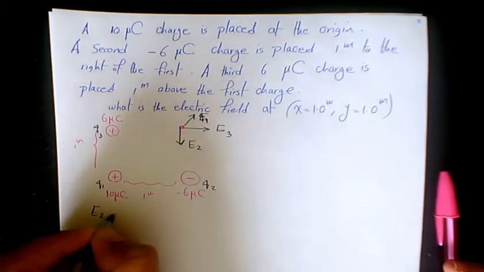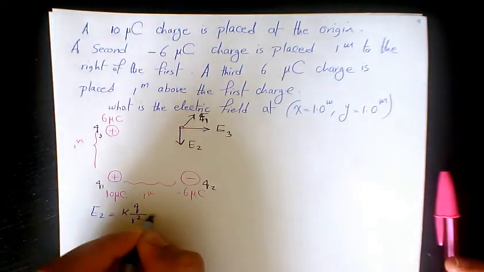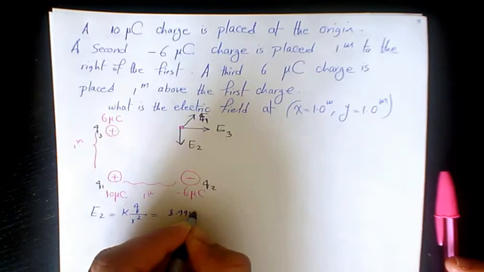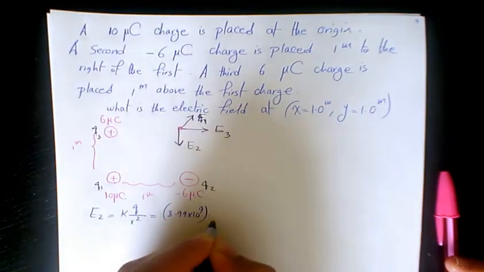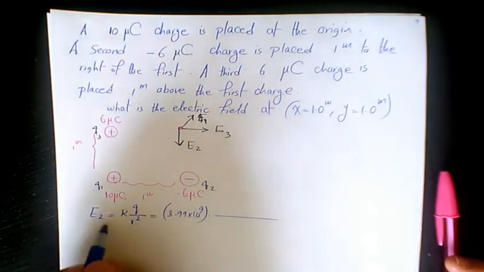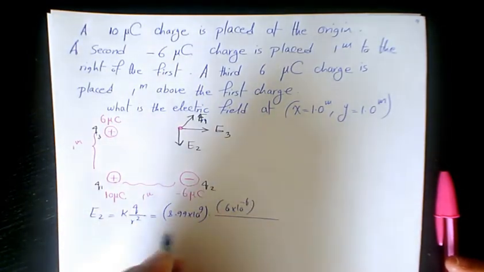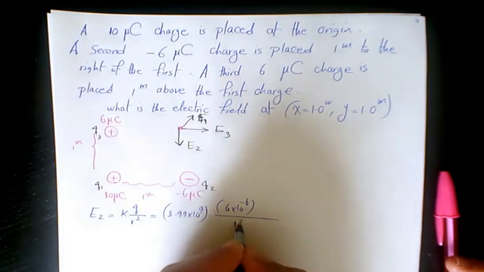E2 equals KQ divided by R squared. K is 8.99 times 10 to the power of 9, that's Coulomb's constant. Q is 6 times 10 to the power of negative 6, divided by 1 squared.